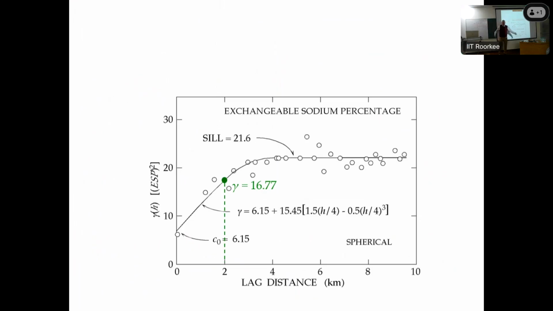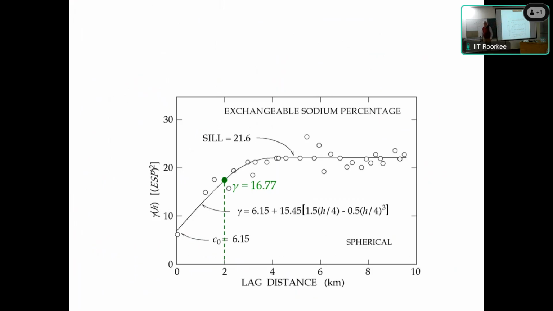What variance can we expect over 2 kilometers? Well, we take our computational unit, and here the gamma, the semi-variance, is 16.77. What do we do next? We multiply it with 2. That's 33.45. We take the square root of it, and that's 5.8.